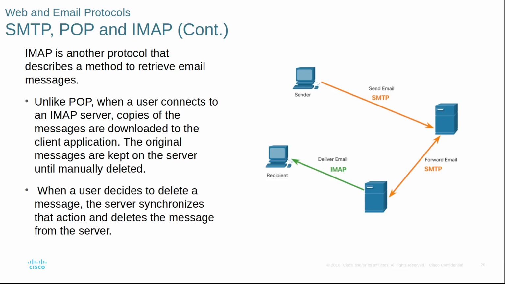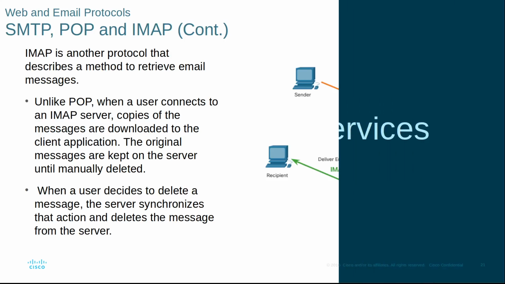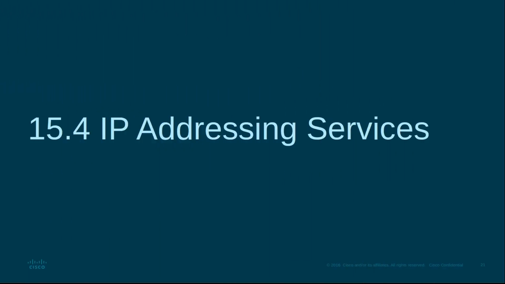So it's a lot more friendly on bandwidth. Now, when a user deletes a message, the server synchronizes that action and then deletes it on the server. So you can delete it from the client and it'll be deleted on the server as well. So that's email.